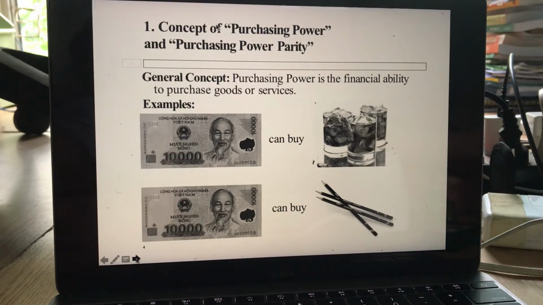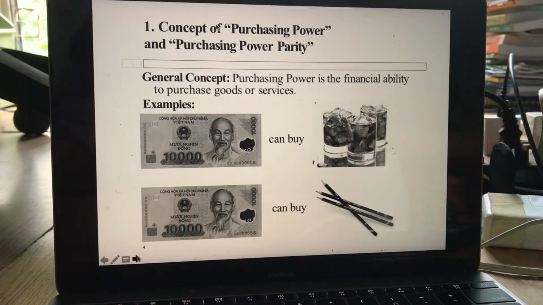In the first one, we study the concept of purchasing power and purchasing power parity. What is purchasing power? Purchasing power is the financial ability to purchase goods or services.